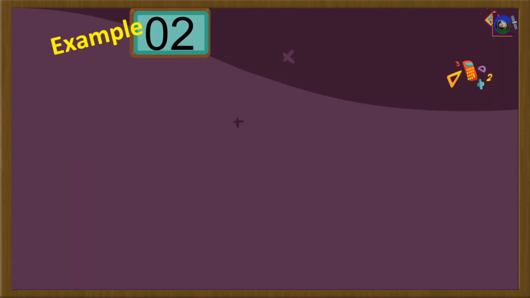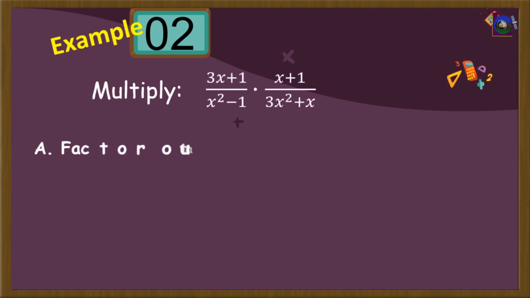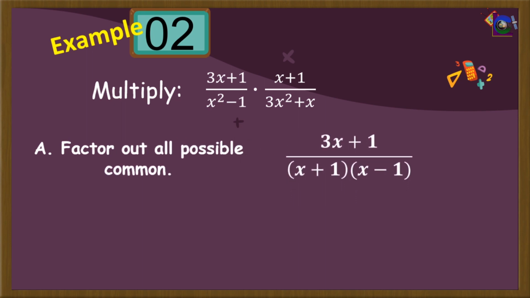Number 2. To multiply rational expressions, do the following steps. A. Factor out all possible common factors: 3x plus 1 over x plus 1 times the quantity of x minus 1, times x plus 1 over x times the quantity of 3x plus 1.